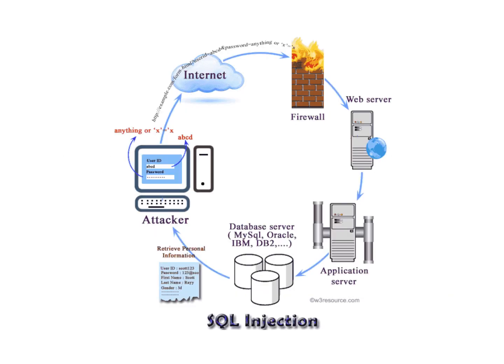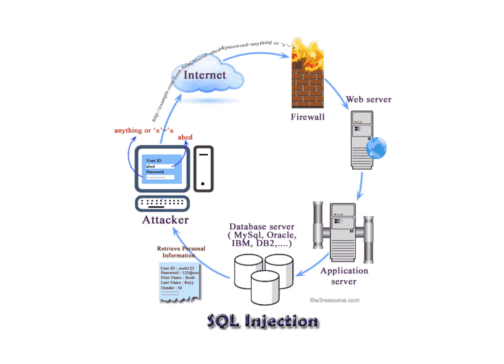Here you can see the image, a flow chart of an SQL injection attack, showing how the attack is performed and how the attacker can manipulate an SQL query by injecting malicious code into a web form input field. You can see the attacker injecting some malicious SQL code into a form field using the user ID and password.